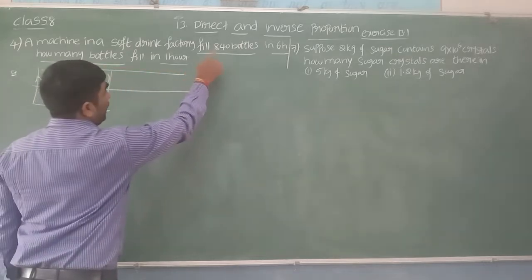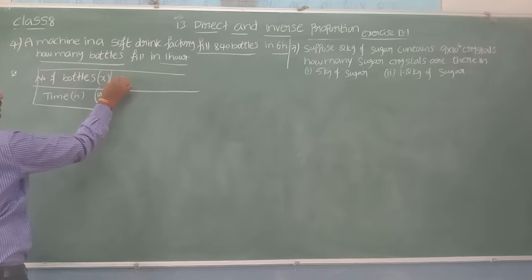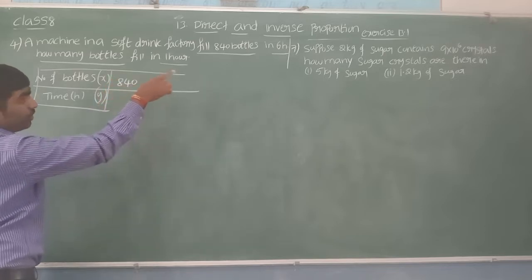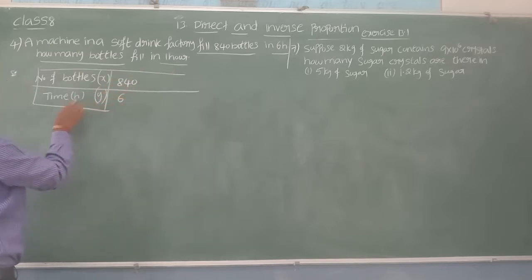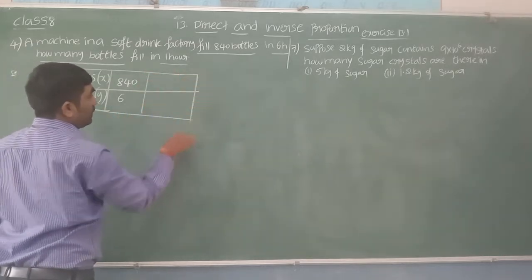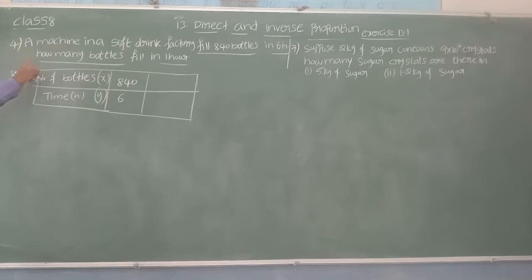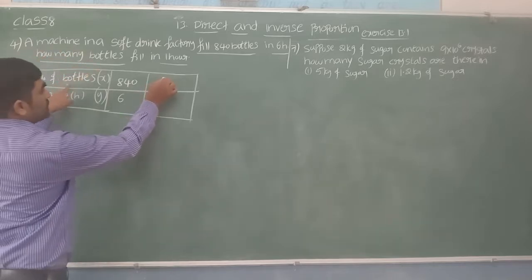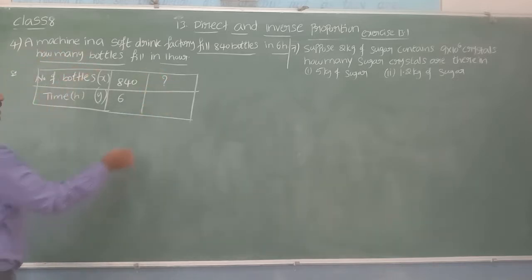Now you can see there are 840 bottles. How much time will it take? 6 hours. So it fills 840 bottles in 6 hours. How many bottles does it fill in 1 hour?